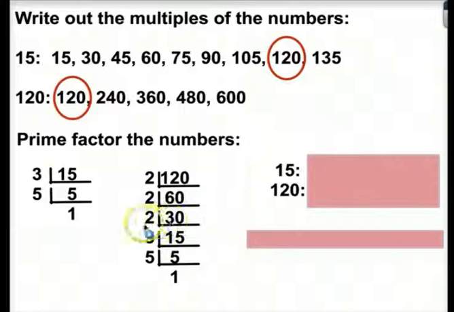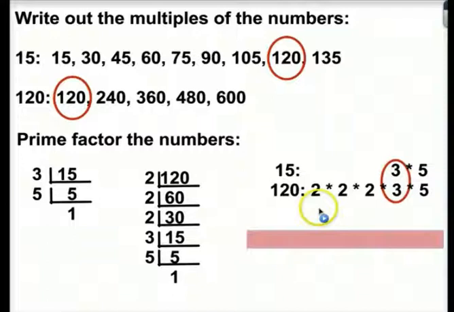2 goes into 30. Notice here you could have used a 3, but if I keep with a 2, then my next number is 3 goes into 15 5 times, and my prime factors are all in order from least to greatest. So when I line them up here, I don't have to remember to put them in order, they're already in order.